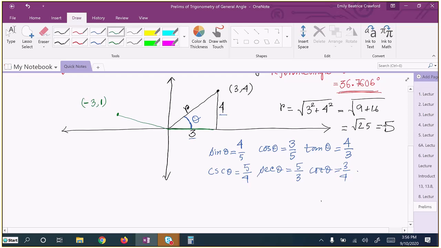So the angle we are talking about has this as the initial side and this as the terminal side. So this is the angle theta. In order to find the trigonometric ratios for this angle, you can always adopt the same process that we adopted for the point in the first quadrant.